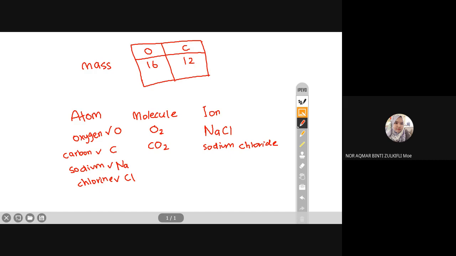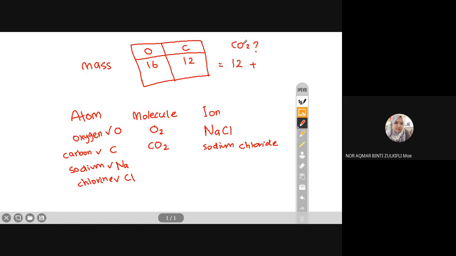Let's say the question asks you, what is the mass of CO2? You just total up all. Carbon we have 12, one carbon, plus oxygen.